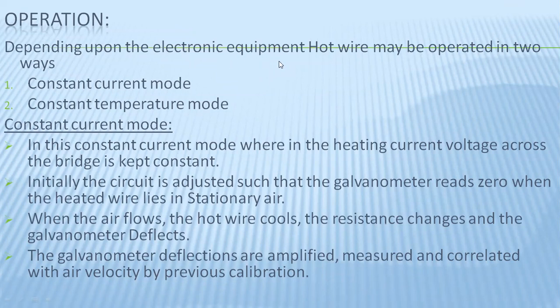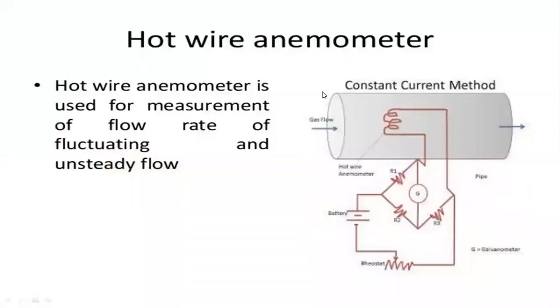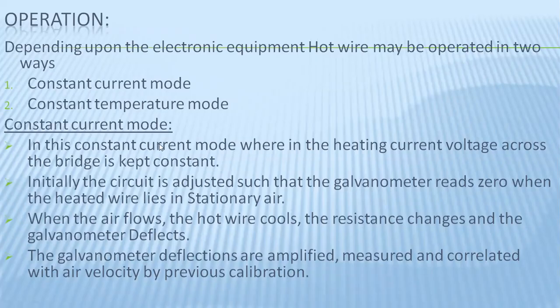Depending upon the electronic equipment, the hot wire anemometer may be operated in two ways: one is constant current mode and the other is constant temperature mode. We will see constant current mode first, and then the constant temperature mode.